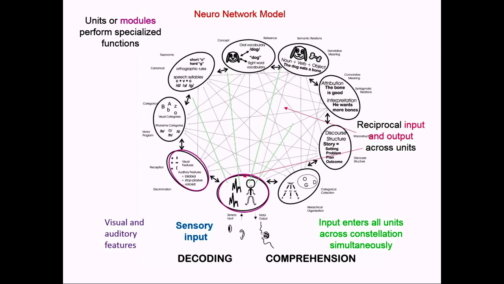Just like we have auditory features that describe each phoneme, so we can say that a p is bilabial, that it's a stop plosive, and that it's not voiced, or minus voicing, whereas a b is bilabial, stop plosive, and voiced. The visual system has similar features.